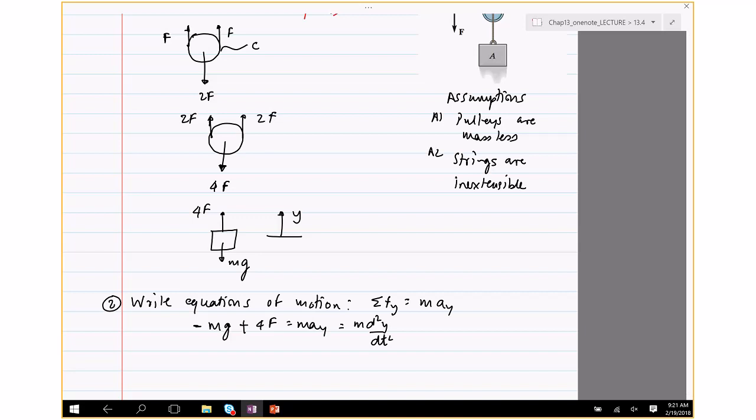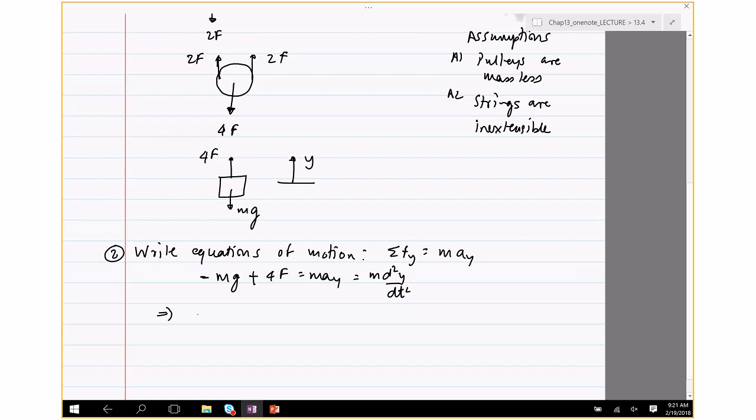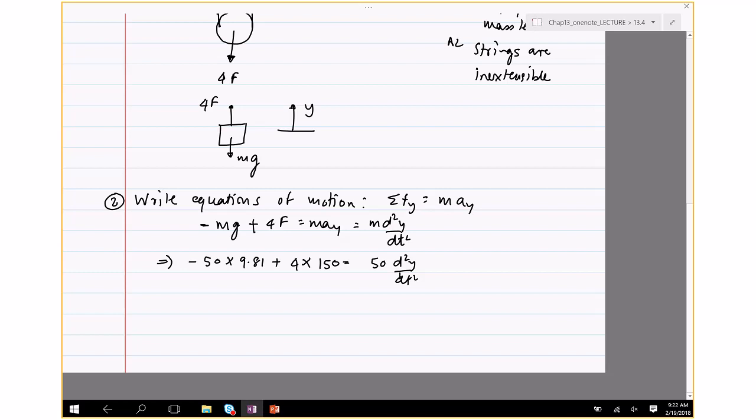Okay, so the mass is 50 kilograms, gravity is 9.81, the force F is 150, and this equals m d squared y by dt squared, with m being 50. So what I get is d squared y by dt squared, or ay, equals 2.19 meters per second squared.